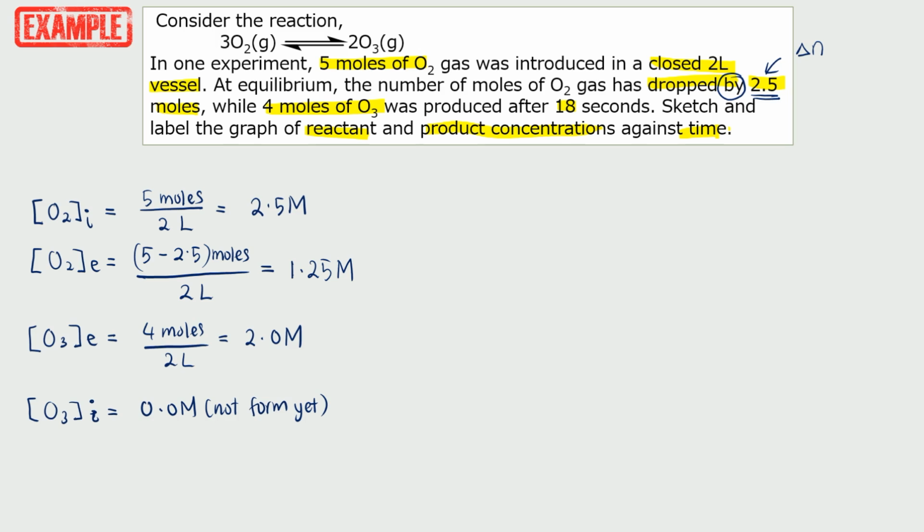Now we want to sketch the graph. First of all, draw the y-axis and label concentration, with the unit molar. Next, the x-axis is time. In the question given, it is 18 seconds, so the unit here is second.